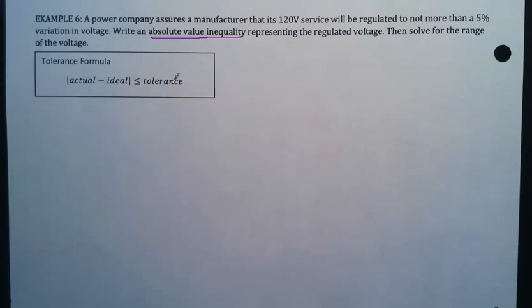The power company assures the manufacturer that its 120 volt service will be regulated to not more than, so that's that less than, 5% variation in voltage. So it can go either direction. If this is the 120, it can go 5% above, it could go 5% below, but that is it. There are ends on that. So we're looking for that conjunction.